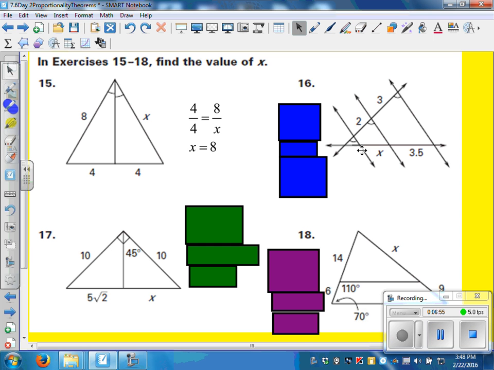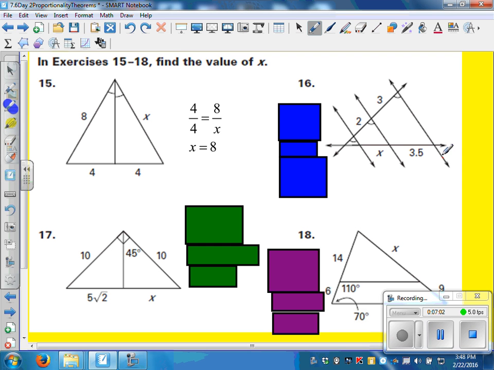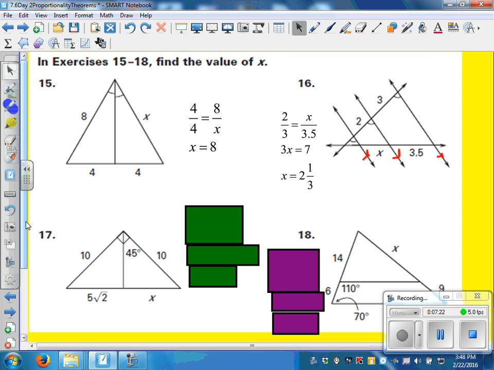For number 16, you have corresponding angles that are congruent, so that indicates that all three of these lines are going to be parallel. Following that, we can determine that the segments are going to be proportional. So we have a statement that 2 over 3 is going to equal x over 3.5, which gives me an answer of 2 1/3.